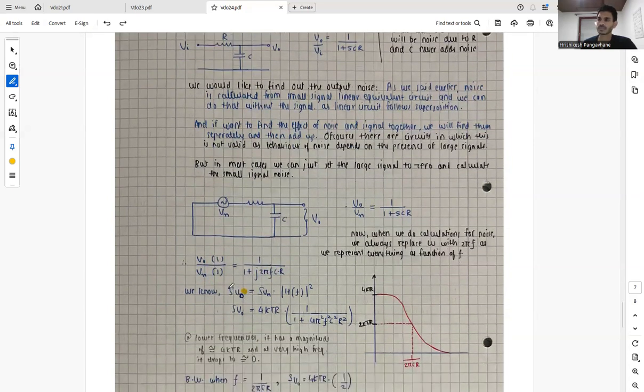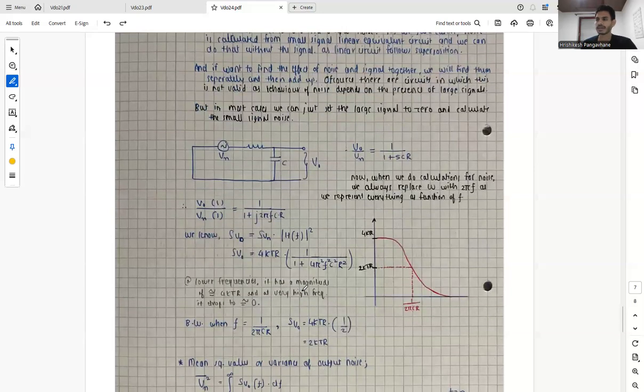And we know SV naught is equal to SVn times the magnitude squared.